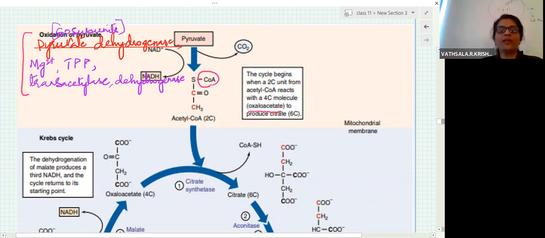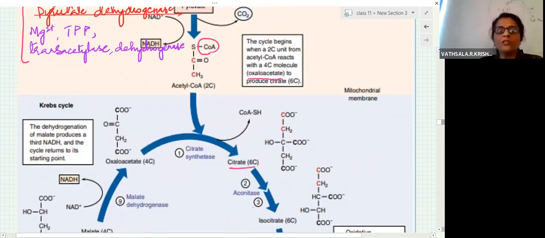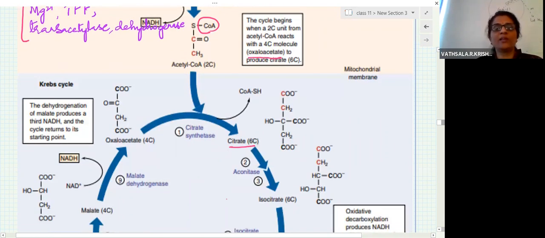So now the first molecule that's produced is citric acid or citrate. Hence this cycle is also called the citric acid cycle. It's also called the Krebs cycle, named after the discoverer, Sir Hans Krebs. So it's called the Krebs cycle, and citric acid cycle is another name.